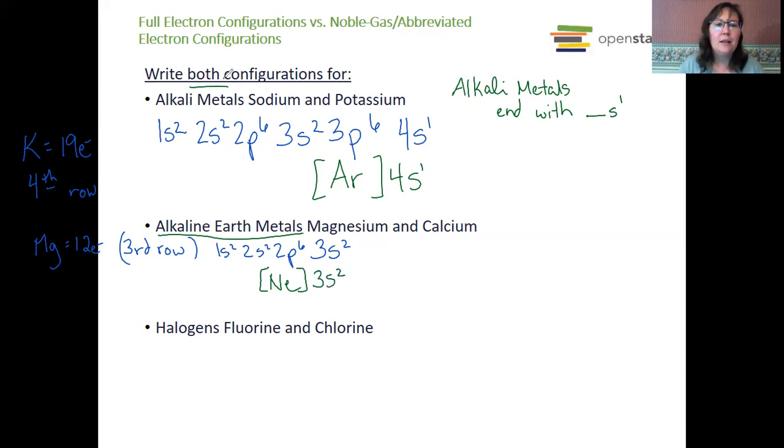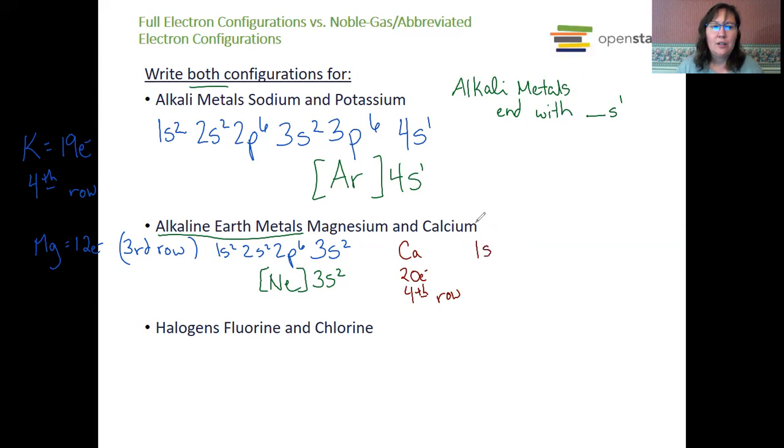Okay, now let's take a look here at our calcium. All right, so calcium is number 20. Okay, so we have 20 electrons, and it's in row 4. So that means that my first 3 rows are full.